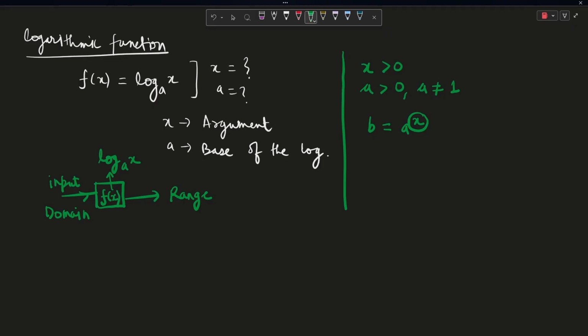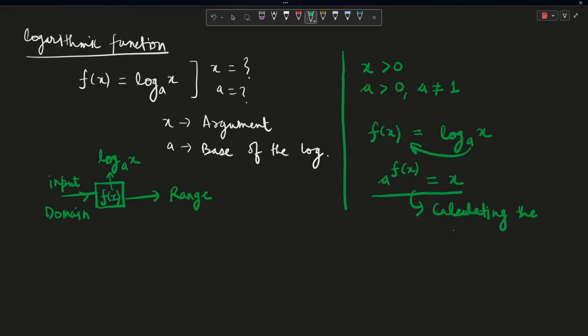To simplify it more, when I write f of x equal to log a x, then as the a goes from the right hand side to the left hand side, it goes in as the base of the power: a to the power f of x is equal to x, right? So we are just calculating powers, right?